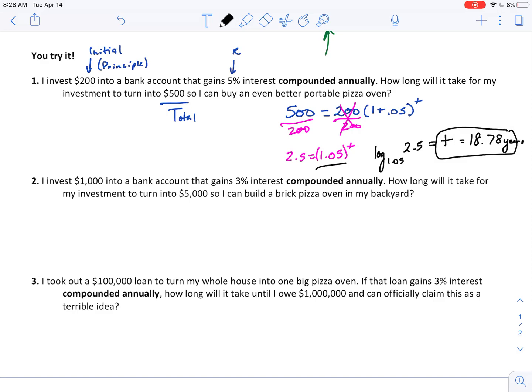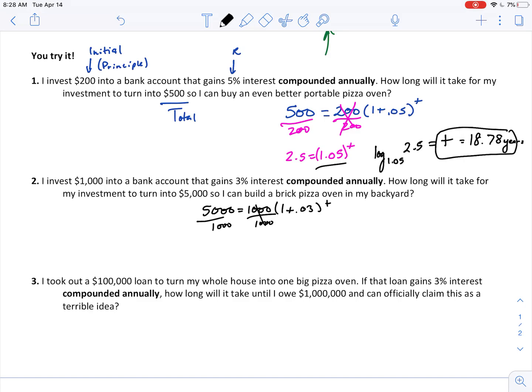Alright, now I'd like you guys to pause the video and try these last two. We'll check here in a second what those are going to be. So again, our total amount is what I want. So we're going to say 5,000 equals my initial times 1 plus 0.03 to the t.